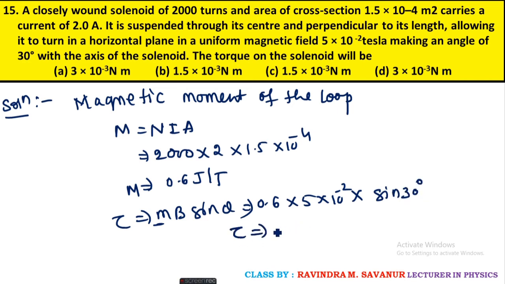After calculating this, we are going to get 1.5 into 10 to the power of minus 2 Newton meter. Yes, option C. So next question.